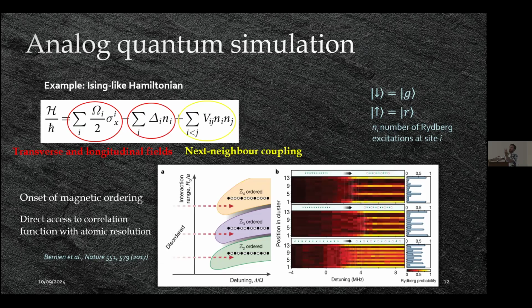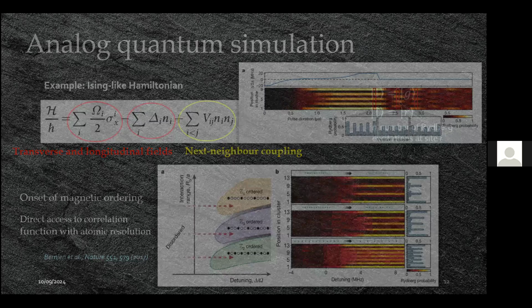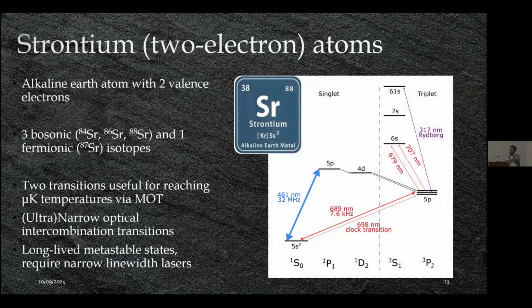Or I can make the array thinner, or simply change the excitation to have a bigger radius. In this case, I'm going to end up with an ordered system. And the interesting thing is what happens after I quench my interaction later. In this case, I'm going to follow how the Rydberg excitation will behave in this evolution.